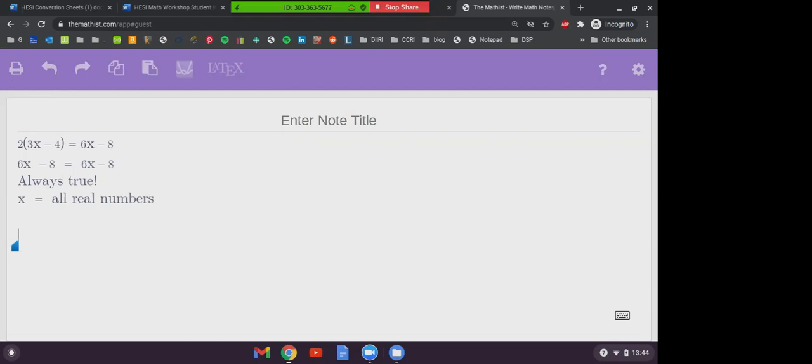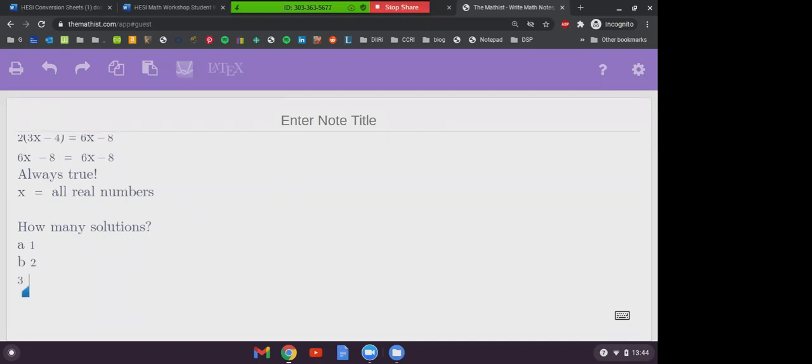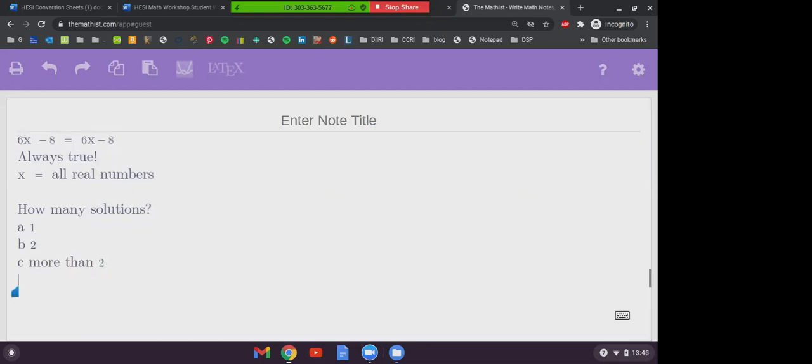Now you might see that on the HESI, it might say how many solutions does it have? So A, 1, B, 2, C, more than 2, D, it cannot be determined.